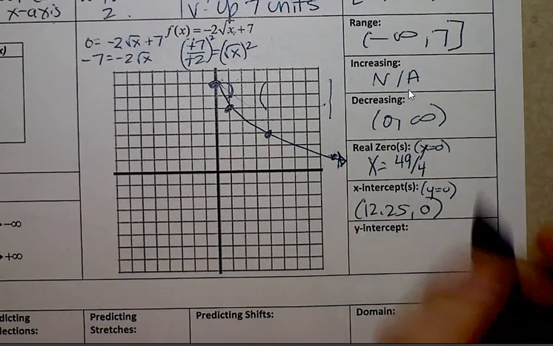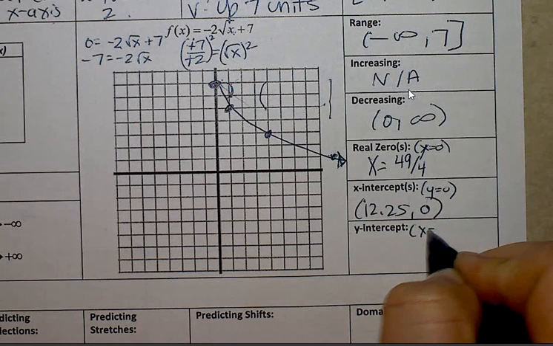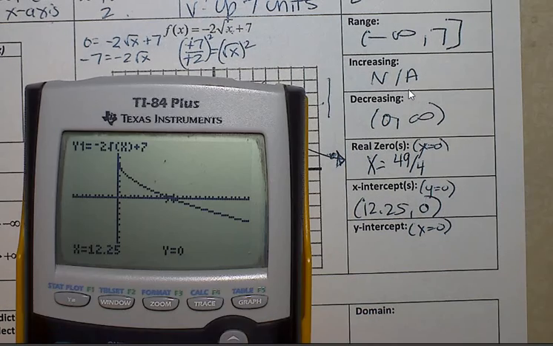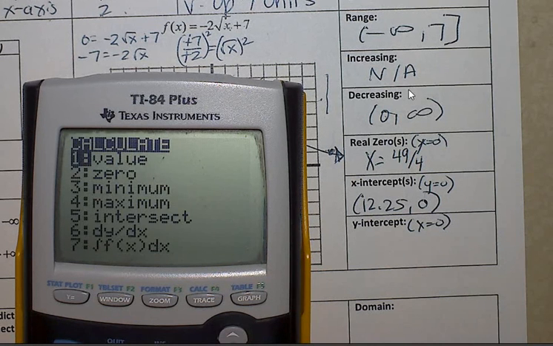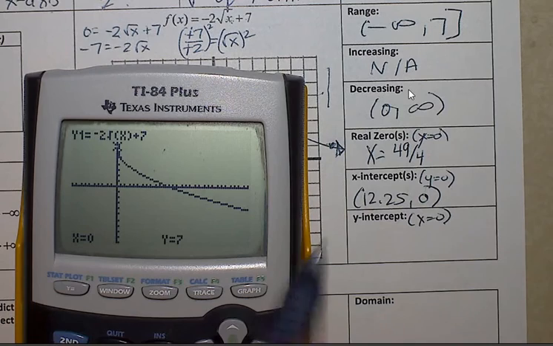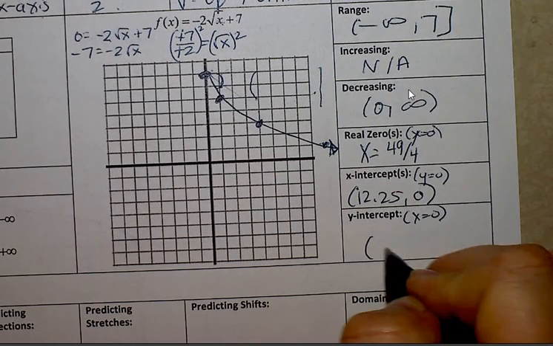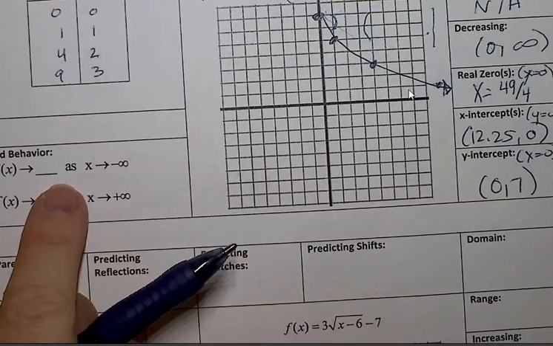To find the y-intercept, we're going to set x equal to 0. Second, trace, value, plugging 0 in for x and pressing enter, and the answer is 7. We could also visually see that by looking at the graph. So 0, 7. With your partner, please fill in the end behavior.